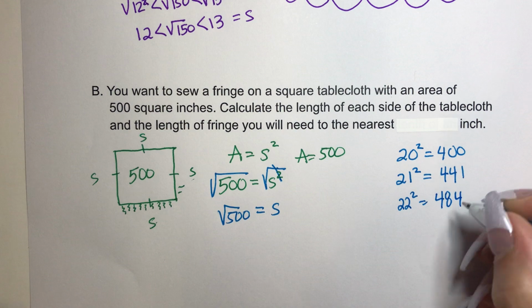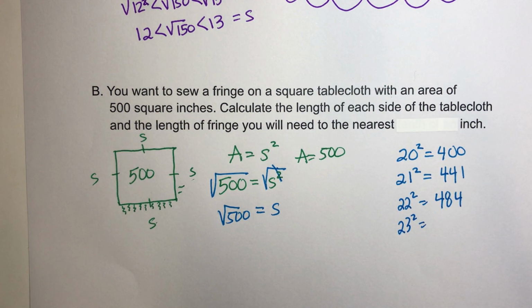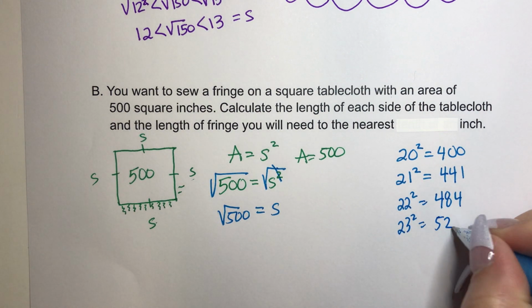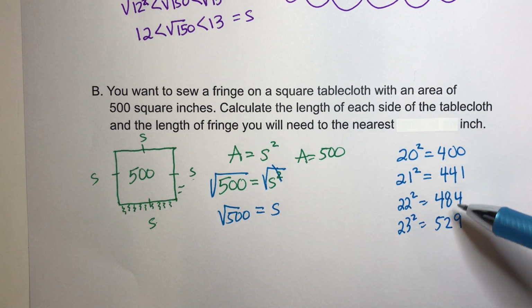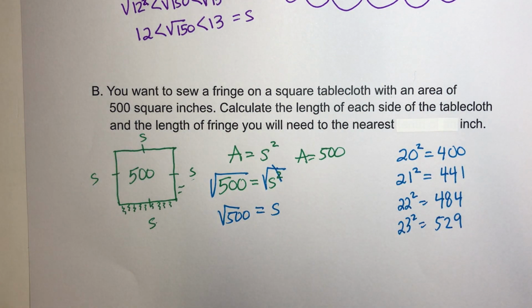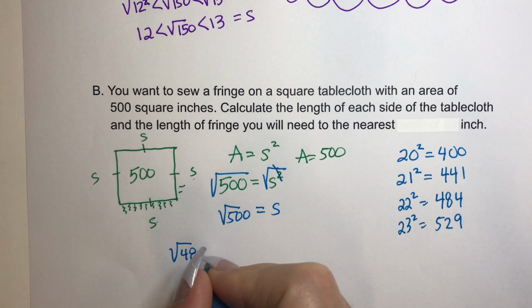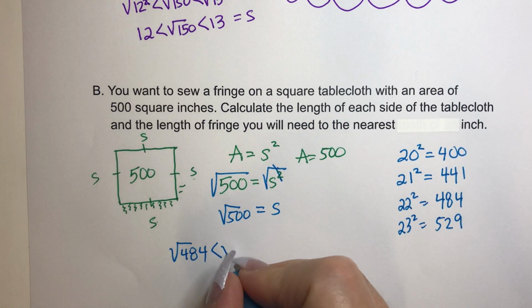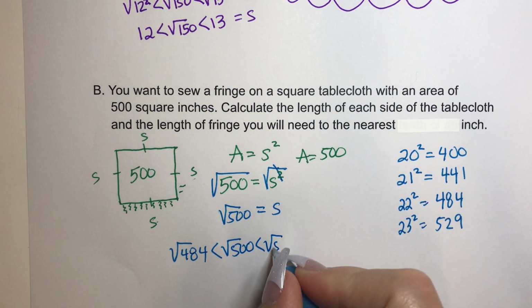We're getting closer. And then 23 squared is equal to 529. We have a winner. So we know that the square root of 500 is between 22 and 23. So it's bigger than the square root of 484, but less than the square root of 529.